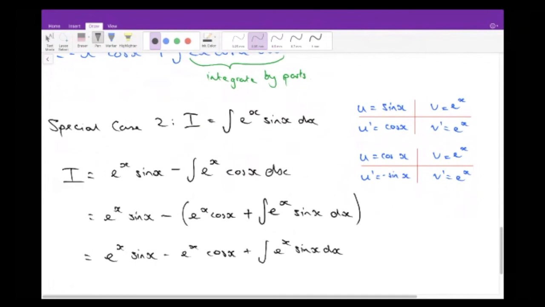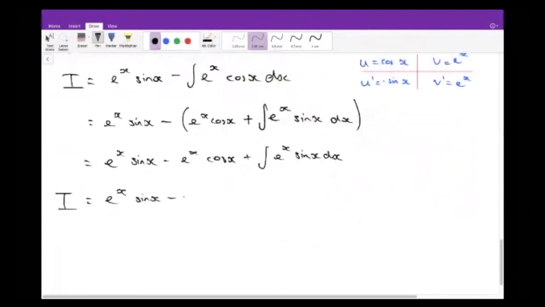Exactly. And we said that the integral of e to the x sine x was I. So now we have that I is equal to e to the x sine x minus e to the x cos x, sorry, I messed my sign up.